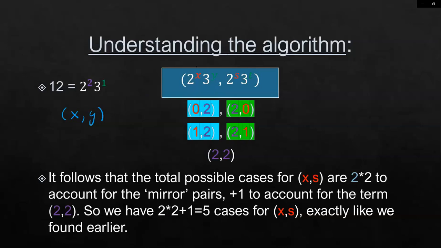All the possibilities for those exponents are 2 squared because we have 2 possibilities times 2 for the mirrors, right? And then we also have to add this guy who has 2 in both of the entries. Okay. So we would have 5 cases for X and S, which is exactly what we found, right?